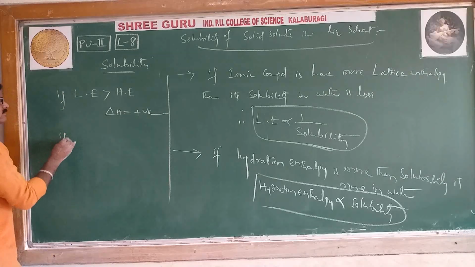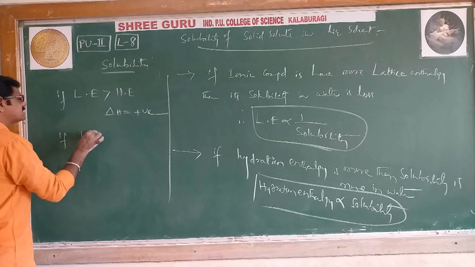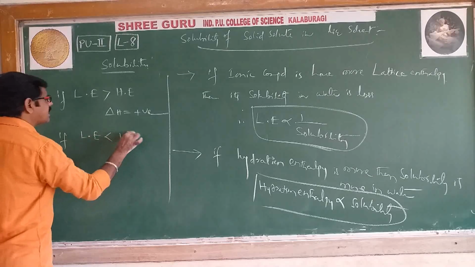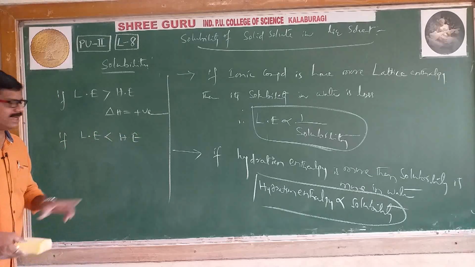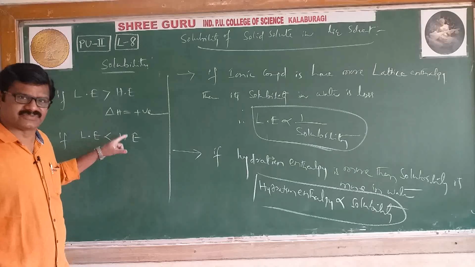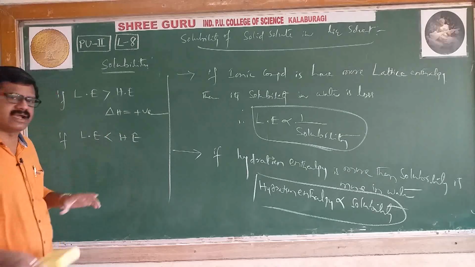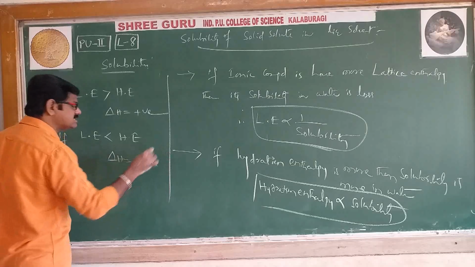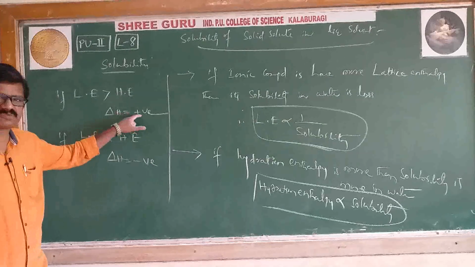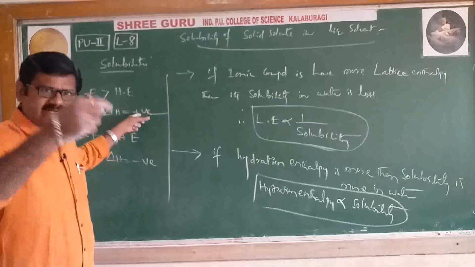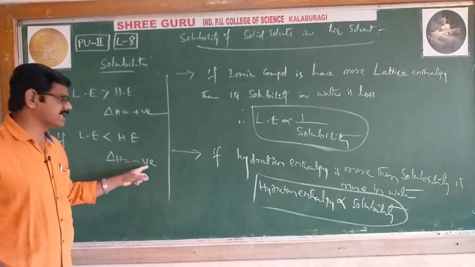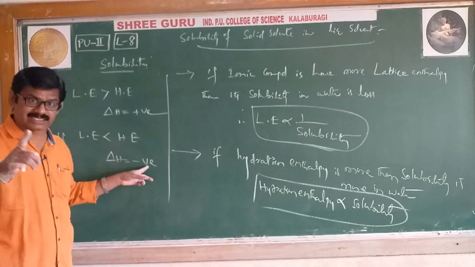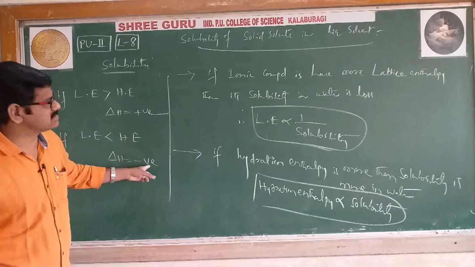And in reverse, if lattice enthalpy is less than hydration enthalpy, released energy is more than required energy, then delta H value is negative. Delta H positive means the amount of energy required. Delta H negative means the amount of energy released in the process.